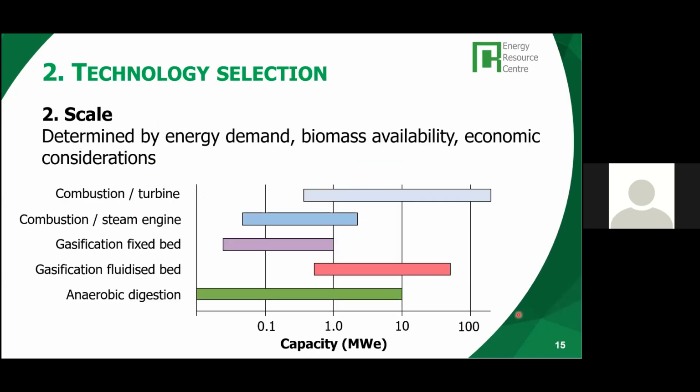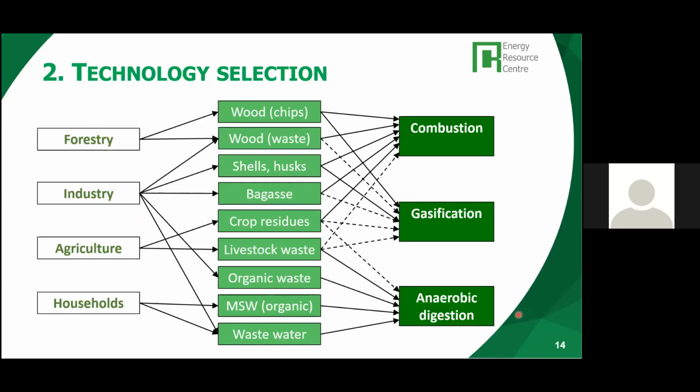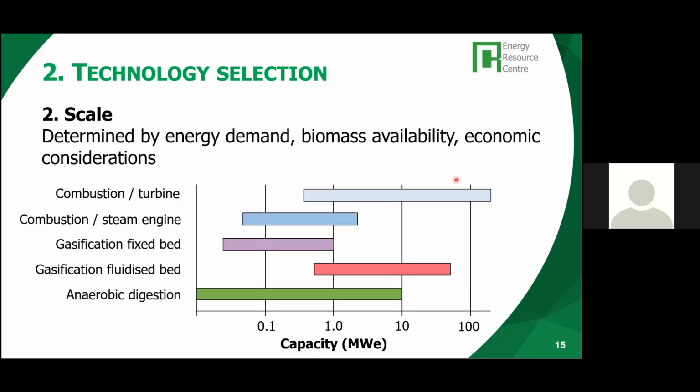Let's go back to where we were. We're talking about coconut shell, which is a solid lignocellulosic type of biomass, which would fall in this category. So basically, you'd have combustion or gasification as main conversion routes. We're talking about 100 or 150 kilowatts.